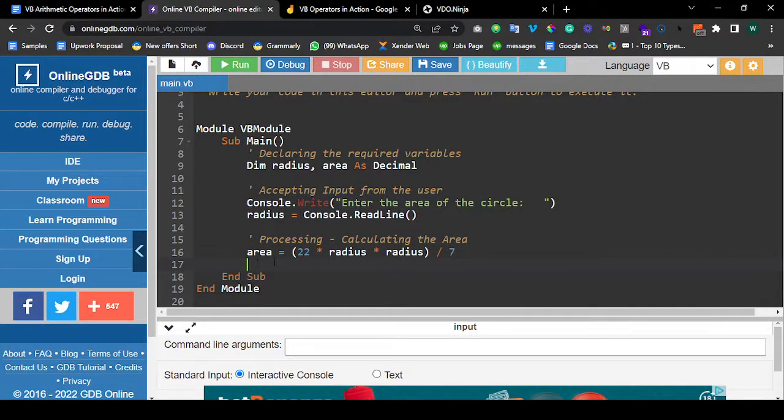The next thing you want to do is to show output.